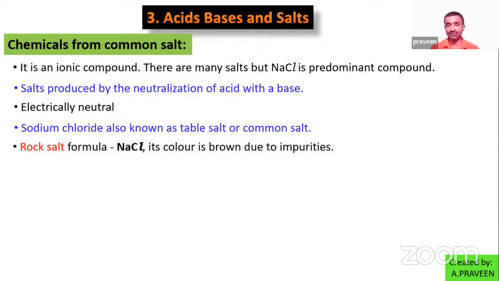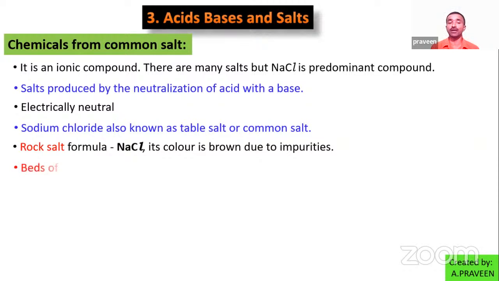Why is it available in brown color? Because of impurities, other substances combined with it, it is impure. That impurity is giving the brown color. By purification, we can use that as common salt or table salt.